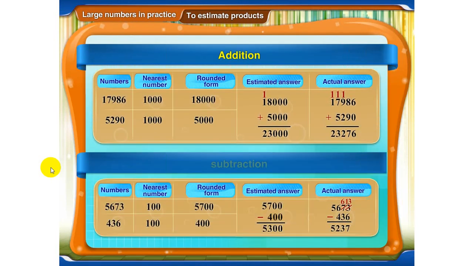To estimate products. We get estimate answer for addition and subtraction for the earlier examples. Similarly, we get estimate answer for multiplication. Example, what is the estimate for 19 into 78?